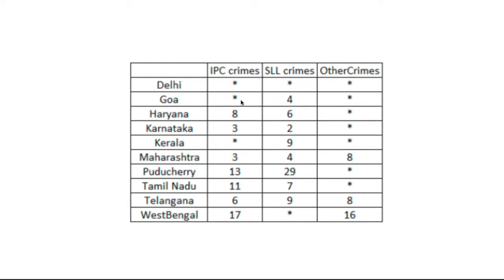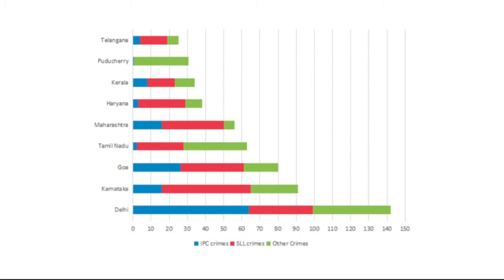We can see Delhi, Goa and Kerala are not given. Karnataka and Maharashtra are at 3, right? So going back to the chart, here we can see Delhi is 1, Karnataka and Maharashtra are at 3, so it is also evident that Goa is at 2. So 1, 2, 3, and next is Kerala.